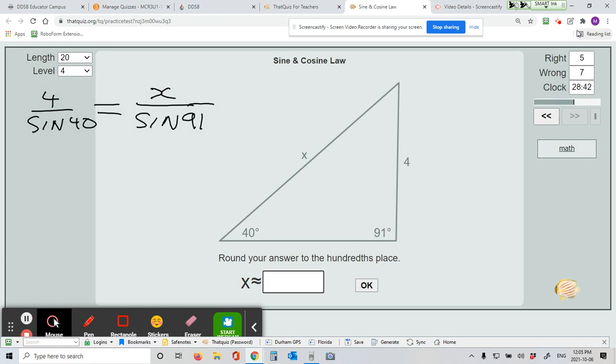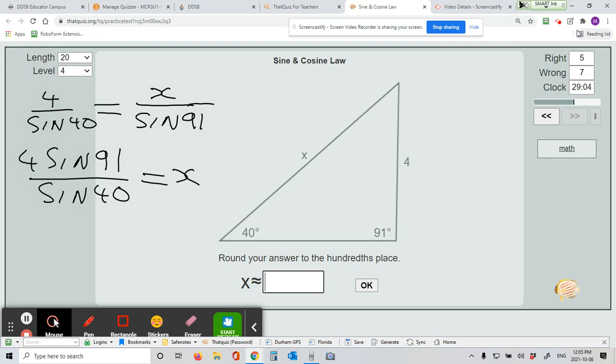Tell me about that next step again that we did after that, Shaluja. What's that next step again? Good. So 4 sine 91 divided by the sine of 40, right? And that's equal to our x. Okay, Anjali, you're right behind Shaluja.